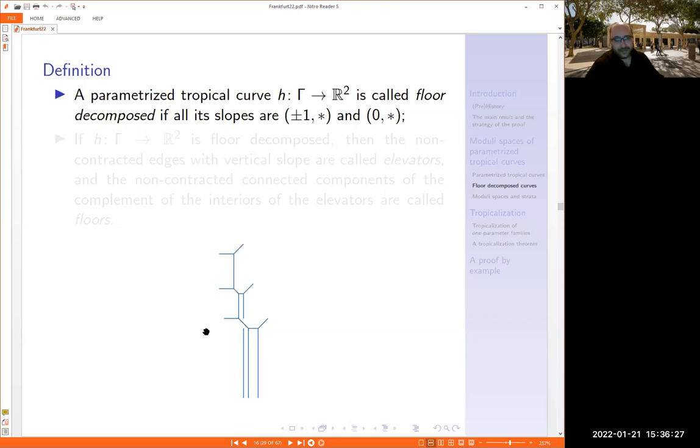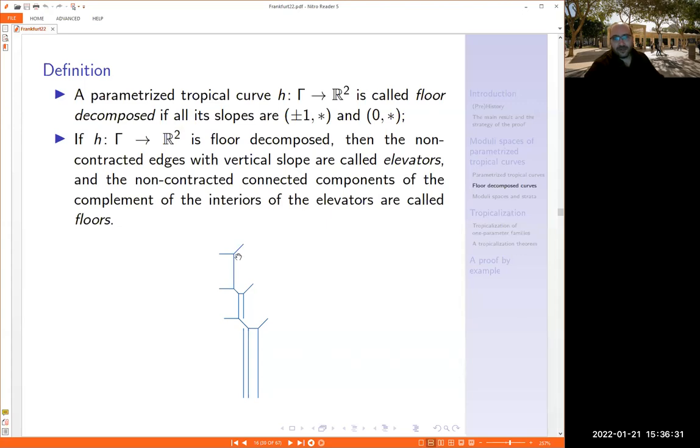Each floor decomposed curve consists of two types of pieces. One piece is called elevators: these are the vertical edges and legs. In this case, we have one elevator here, one elevator here, and three unbounded elevators going down.